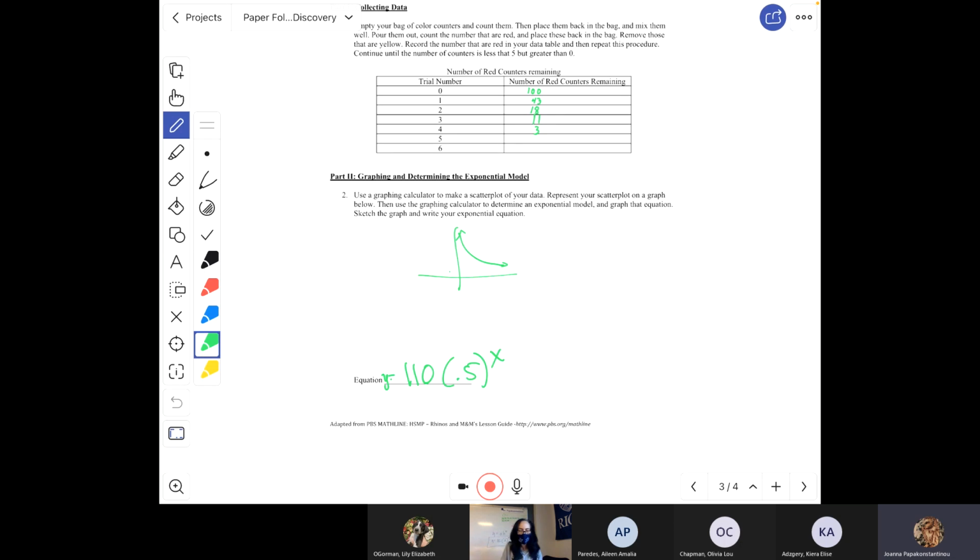So we're answering the questions, and then we are going to go over those answers and then move on with the notes.